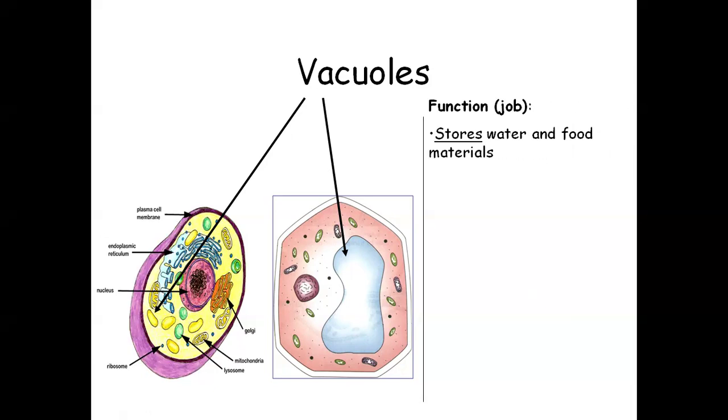And the main function is it stores water and food material and stores the waste also whenever it is to be taken outside. That will be done with the help of Golgi complex. Golgi complex fuses with the vacuole and it sends out the waste through the exocytosis process.